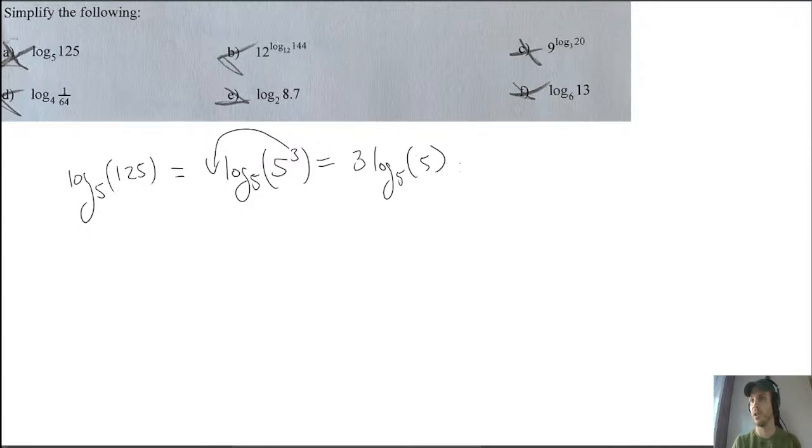And then since it's the same base, this cancels out. So this is like saying, what should I raise 5 to, to get 5? And the answer is 1. So this is 3 times 1, which is 3. Okay, so that's A. And if you don't need this whole problem, just let me know.